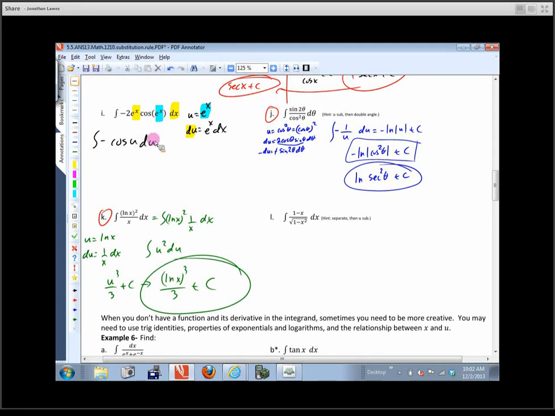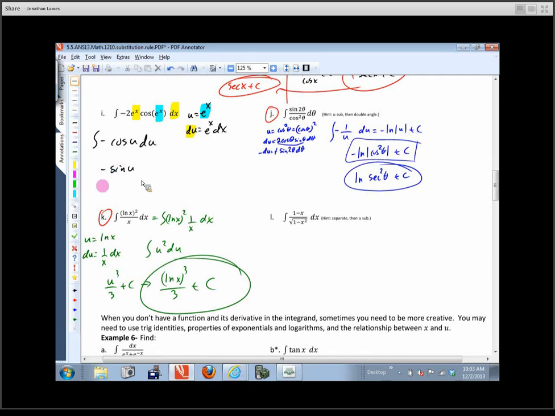Again, when we're anti-differentiating, especially with sine and cosine and some of those trig functions that have negatives in them, you've got to think about this. So when you differentiate cosine, you put a negative in there. So when you anti-differentiate it, you don't. Does that make sense? So this is going to be negative sine of u.